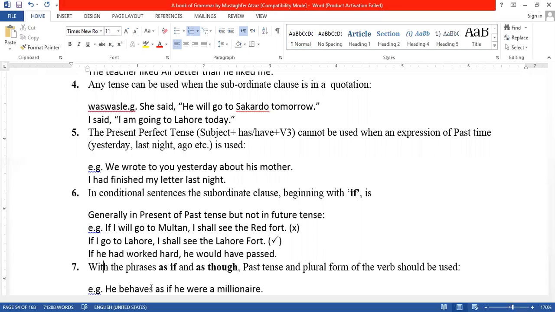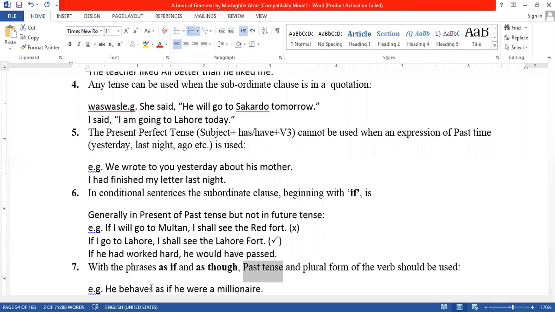All right. Now, rule number seven. With the phrase as if or as though, past tense and plural form of the verb should be used. Two things are important and essential. The first thing is it should be past tense, right? For example, if it is the be form, it should be was or were.